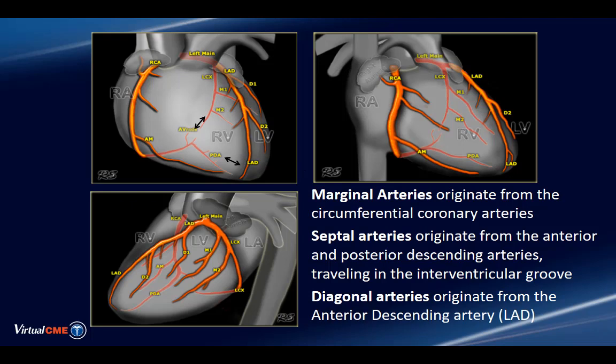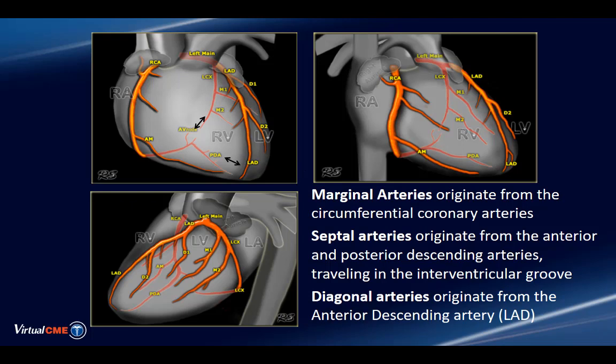They're called descending arteries because anatomically when a person is upright, these are in the descending position, moving cranially to caudally. And the septal vessels all emanate from the descending vessels, either the left anterior descending or the right posterior descending artery. Diagonal arteries originate from the anterior descending coronary artery, and these are always called diagonal 1, 2, and 3.